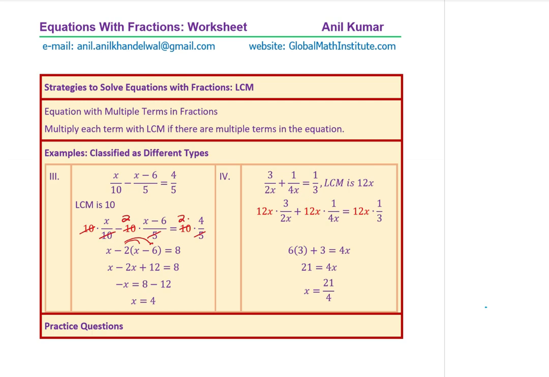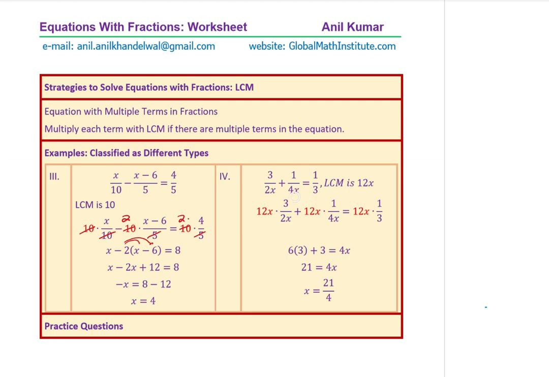Correct? Now, we could have x in the denominator also. Very scary sometimes looking at these questions. However, the strategy remains the same. What is the lowest common denominator for this? 3 over 2x plus 1 over 4x equals 1 over 3. Well, in the denominator, we have 2x, 4x, and 3.